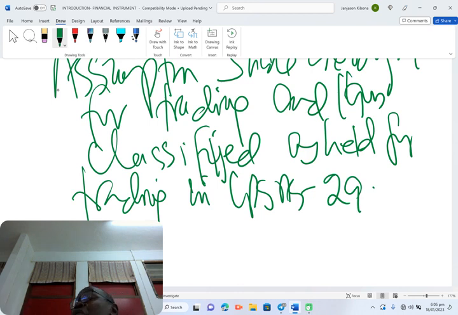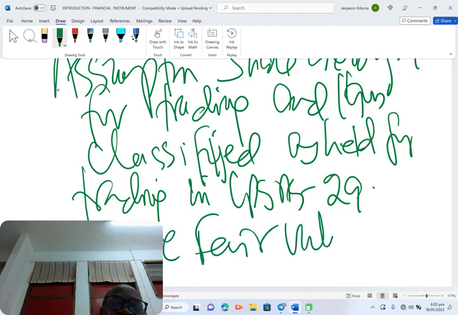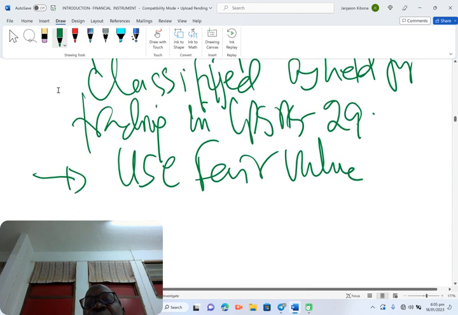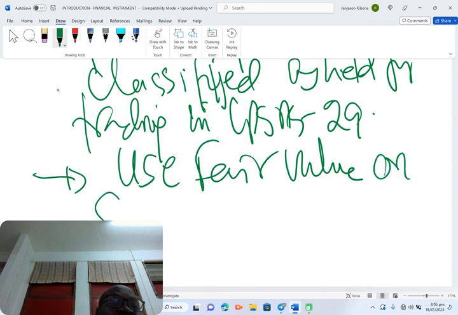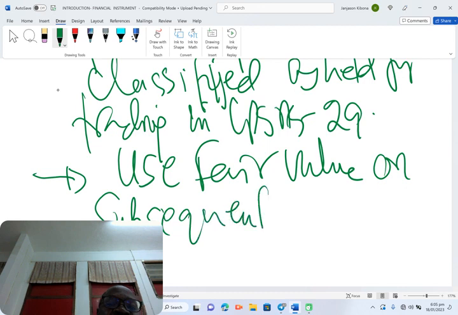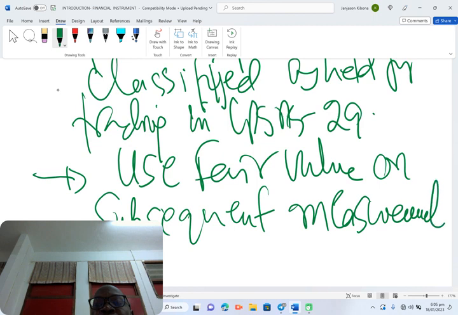So this is class 1 financial instrument. So we are going to use fair value recognition in the balance sheet, use fair value on subsequent measurement. Am I clear?